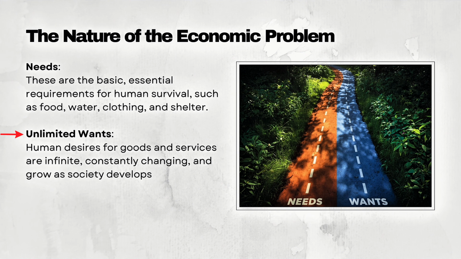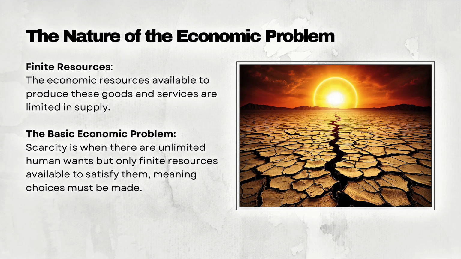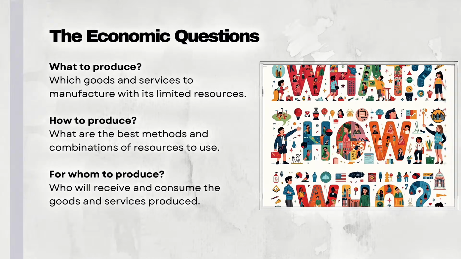So we know that consumers all have unlimited wants. However, the problem is that we encounter finite resources. And due to the scarce resources that the world has to offer, this leads to our basic economic problem that choices have to be made due to this scarcity.